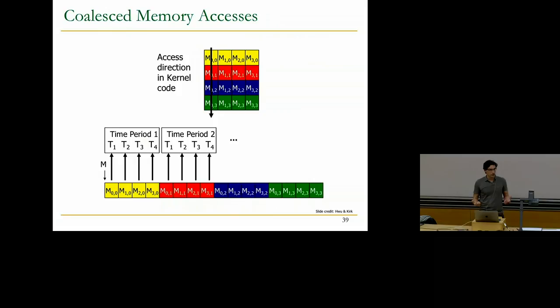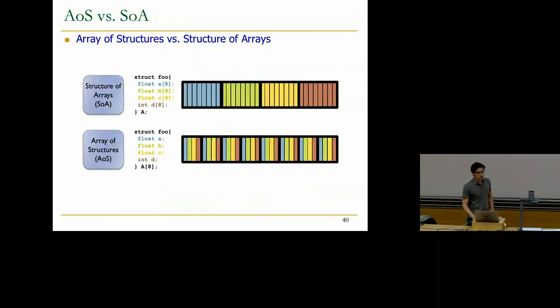This is quite useful, especially when we have heterogeneous systems in which CPUs and GPUs, different devices that might have different preferences in memory access, need to share some data structures. And here is where the distinction between an array of structures and a structure of arrays comes in. For example, let's say that this is our data structure.